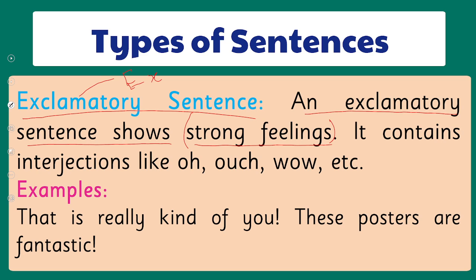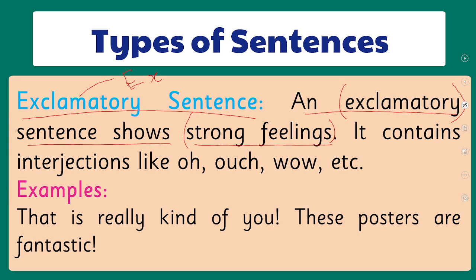So whenever you present strong feelings, the feelings of anger, excitement, happiness, every type of feeling, when you express each and every type of strong feeling using the language, then what type of sentences will you use?